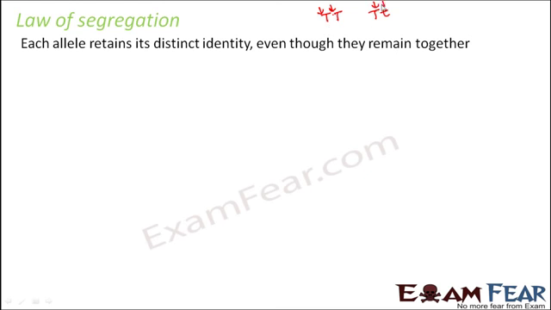He said that if capital T is coming with small t, they always stay together, because as we know, alleles do not exist singly. An allelic pair forms the gene, but that doesn't mean that capital T and small t will blend together and form a new thing. You might think that a tall trait can mix with a dwarf trait to form an intermediate trait. But nothing like this was happening as per Mendel.